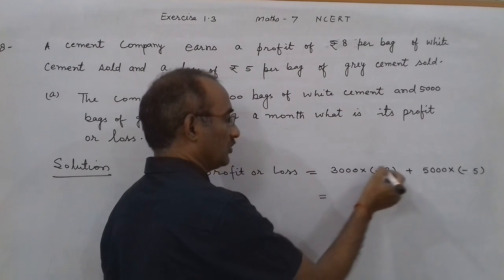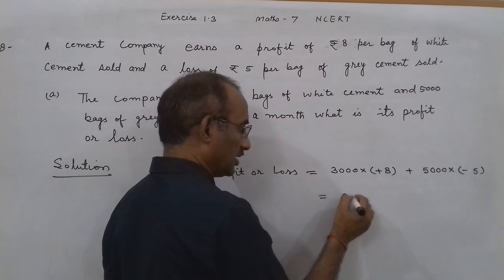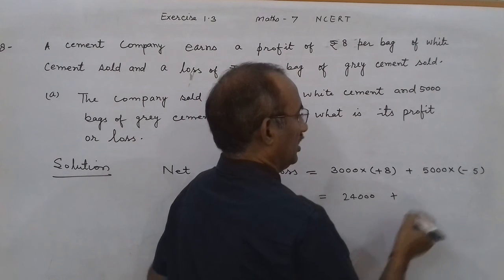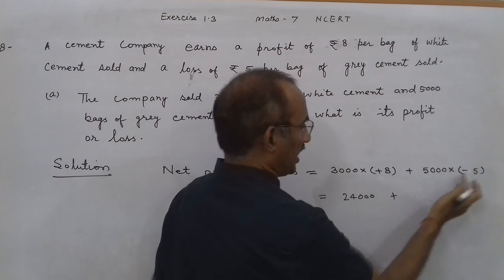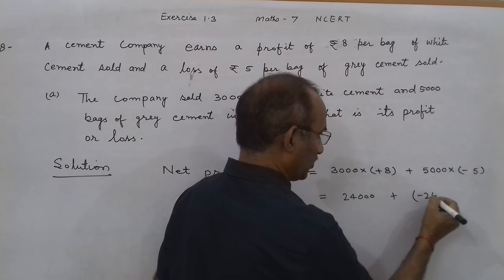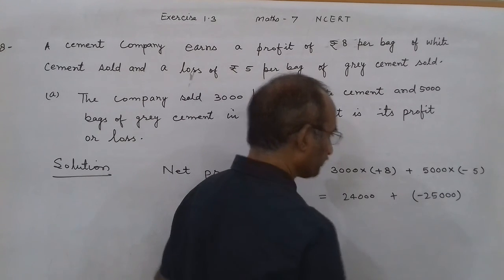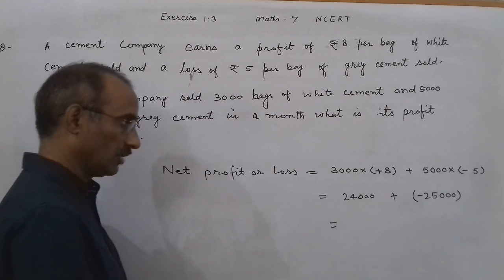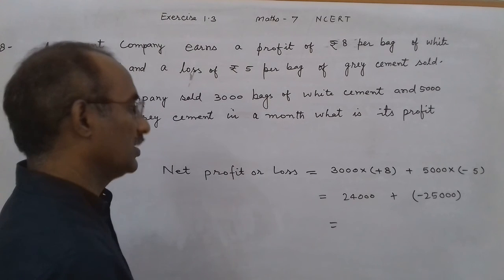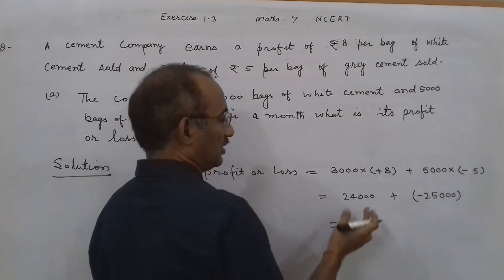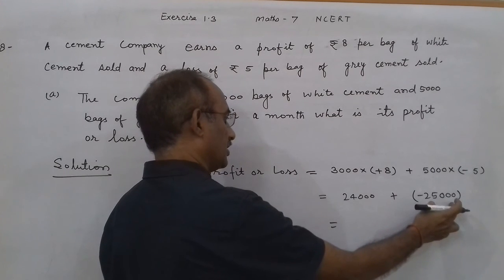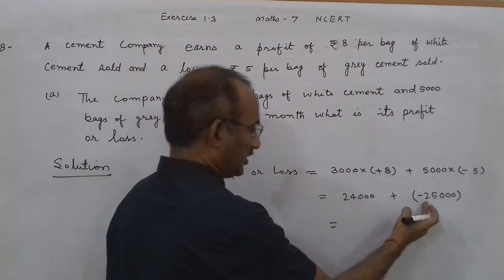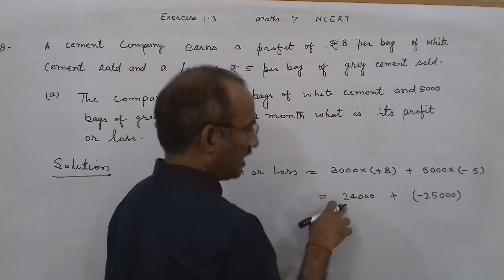On multiplying 3,000 with plus 8 we get 24,000. And the product of 5,000 with minus 5 is minus 25,000. So here we have 24,000 and minus 25,000. This is a positive integer and this is a negative integer. The number with negative sign is greater and the number with positive sign is smaller.